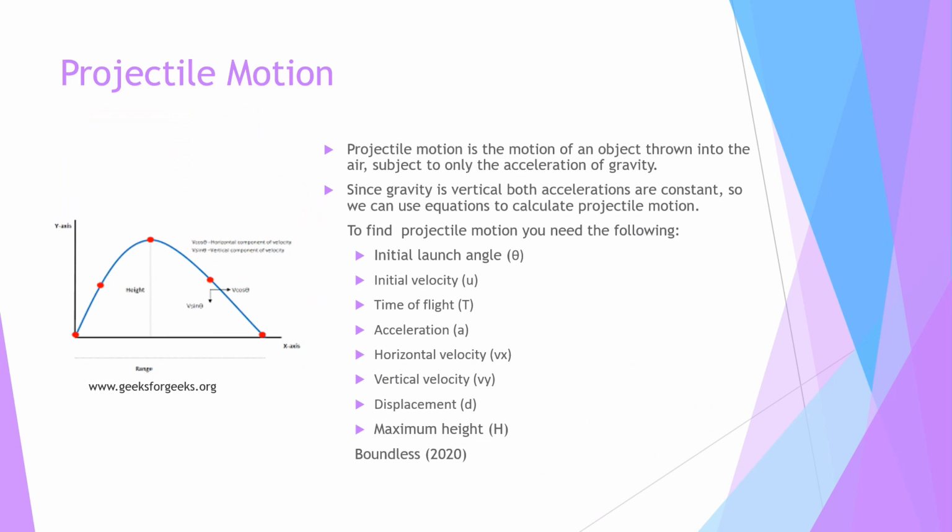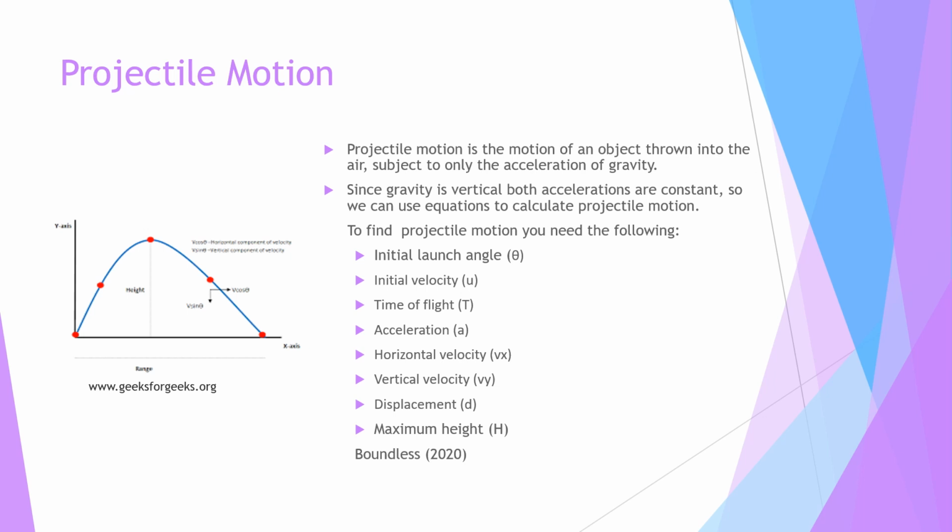Now that we know more about basketball, let's talk about projectile motion. Projectile motion is the motion of an object that is thrown into the air, subject to only the acceleration of gravity. Since gravity is vertical, both accelerations are constant, so we can use simple equations to calculate projectile motion.